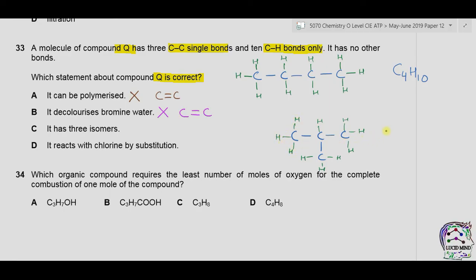The molecular formula is again C4H10, but the structure is different, so this is the only possible isomer. So we have 2 isomers instead of 3, so therefore this is incorrect.